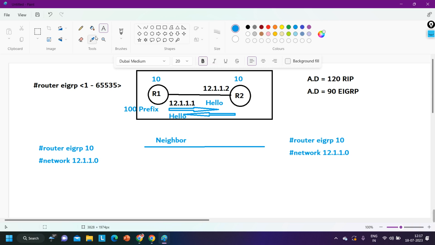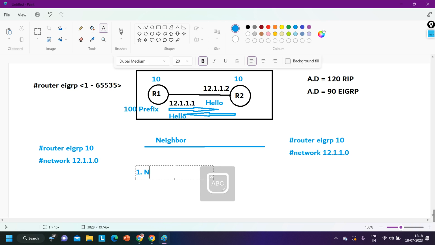And EIGRP maintains three types of tables. First is the neighbor table. Inside the neighbor table, there will be information about neighbors. Then the second table is the topology table.